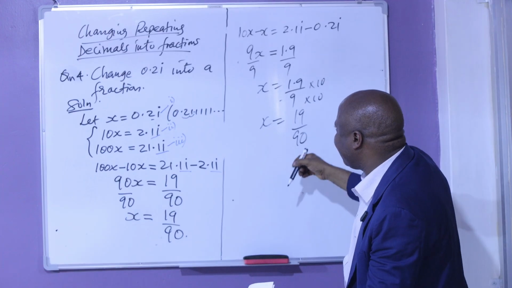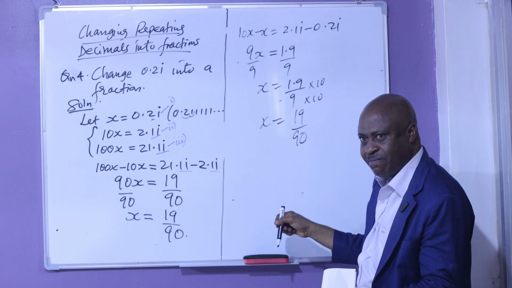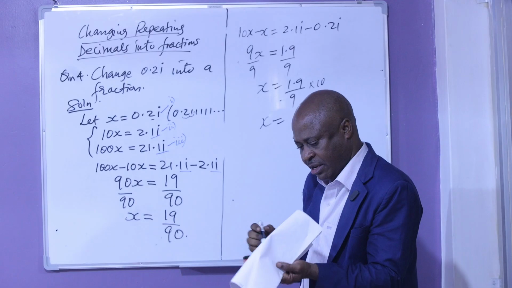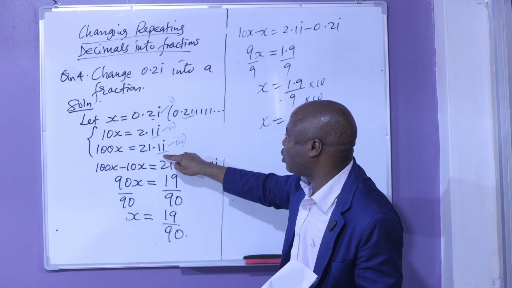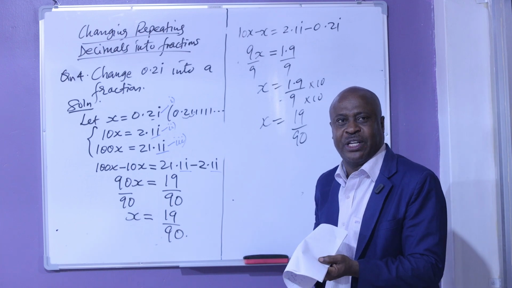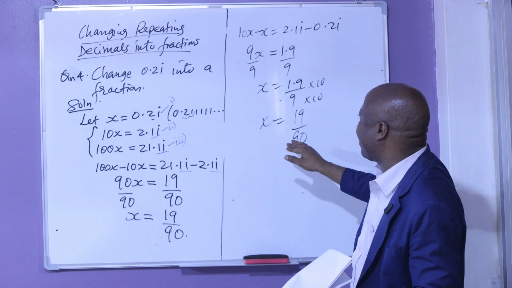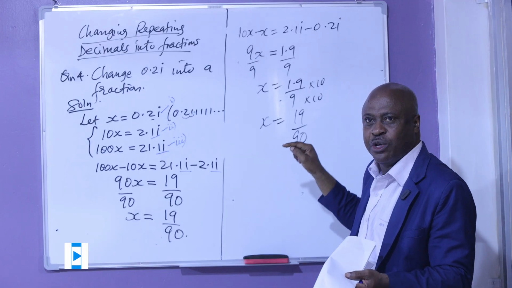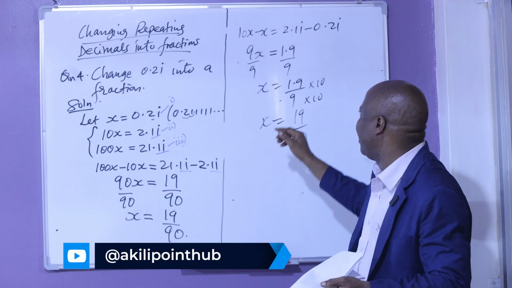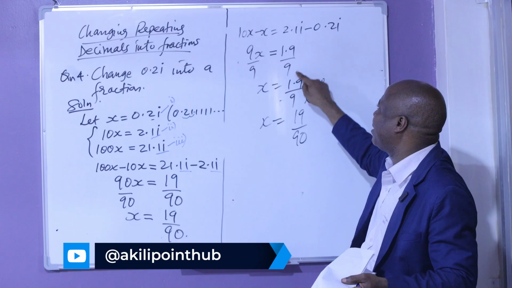Now this is making the work even harder compared to this one, because here, by choosing the second and the third, it was easier for me to subtract the decimal that is repeating and end up getting my answer right away without starting multiplying by a number. A child who is not very careful can just end up taking only 1.9 over 9.